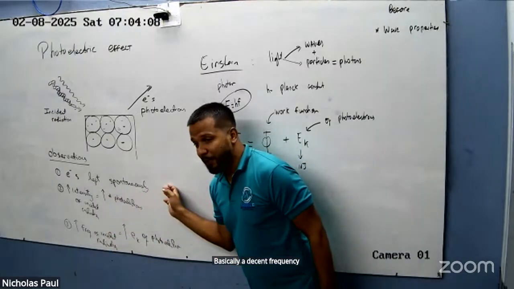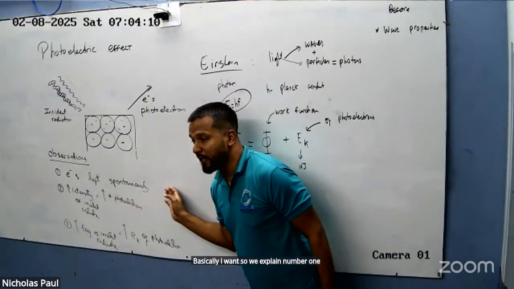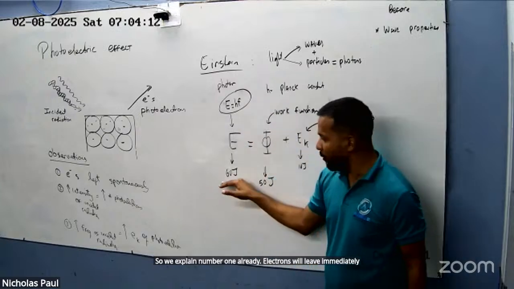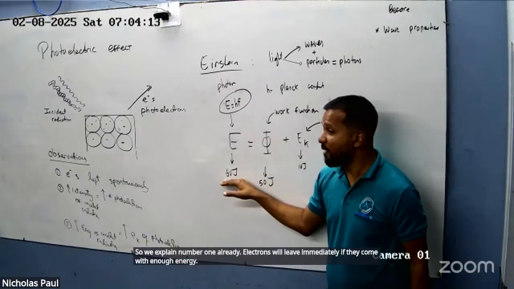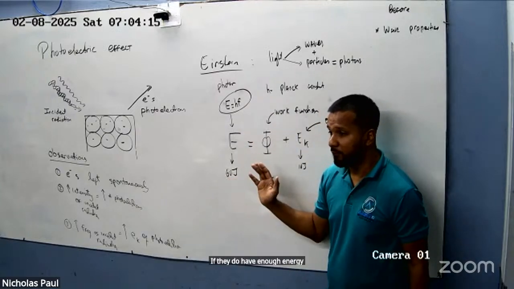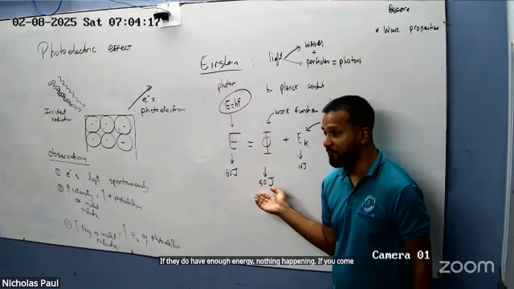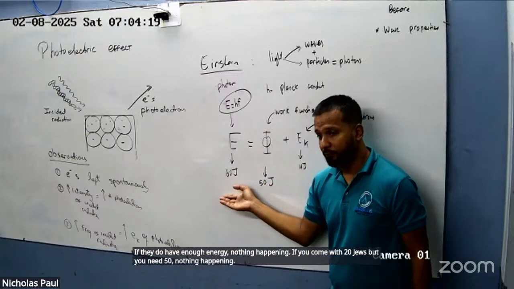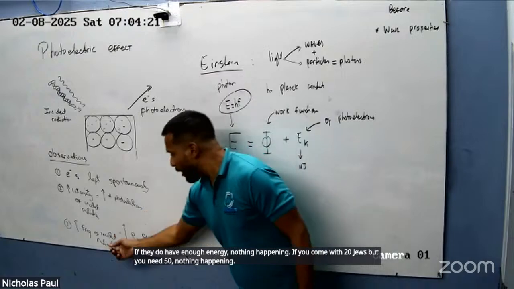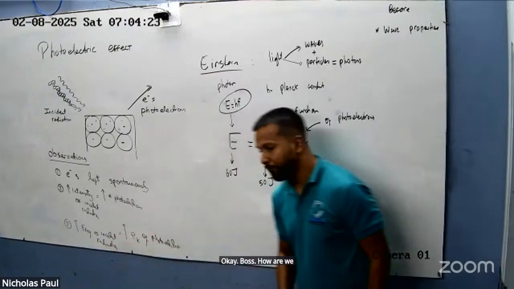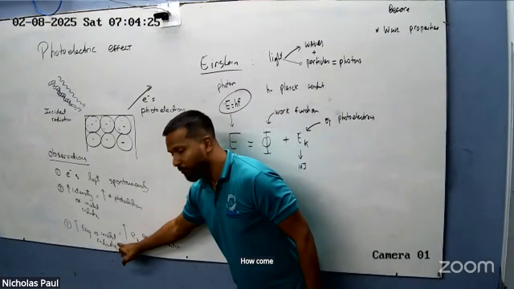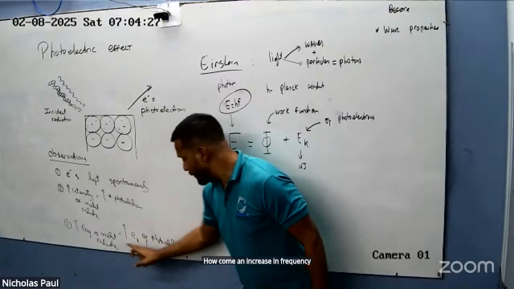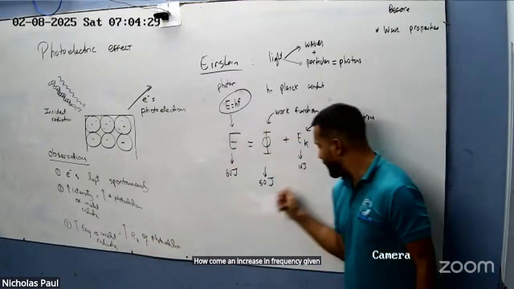So we explained number one already. Electrons will leave immediately if they come with enough energy. If they don't have enough energy, nothing happens. If you come with 20 joules, but you need 50, nothing happens. But how do we explain number three? How come an increase in frequency gives you an increase in the energy?